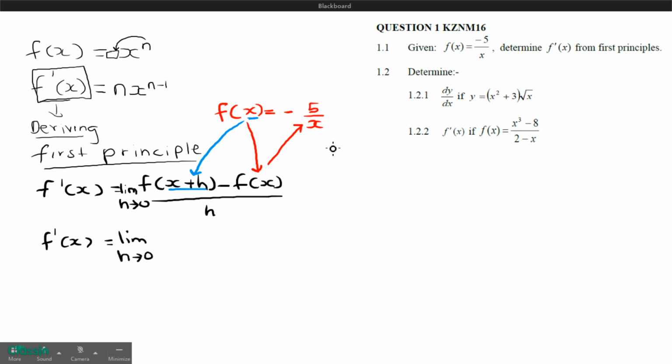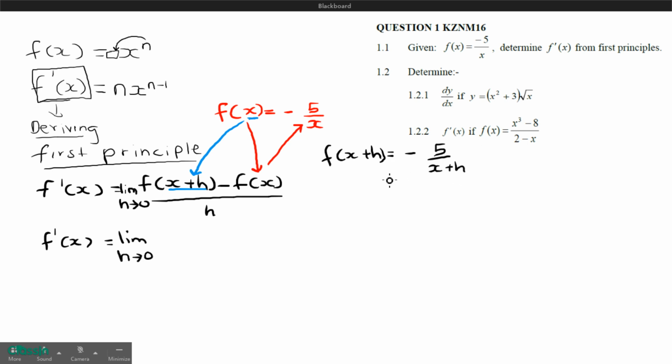So every time where we see x in this equation, we must put x plus h. This is negative 5 over x plus h. Where there was x is now x plus h.